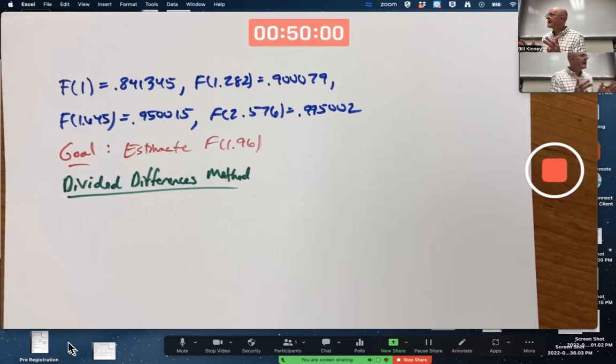With the divided differences method, we're actually computing the polynomial in a sense. We're computing the coefficients of the polynomial, and we're going to use the formula for the polynomial based on these coefficients. But the polynomial is not written in standard form.